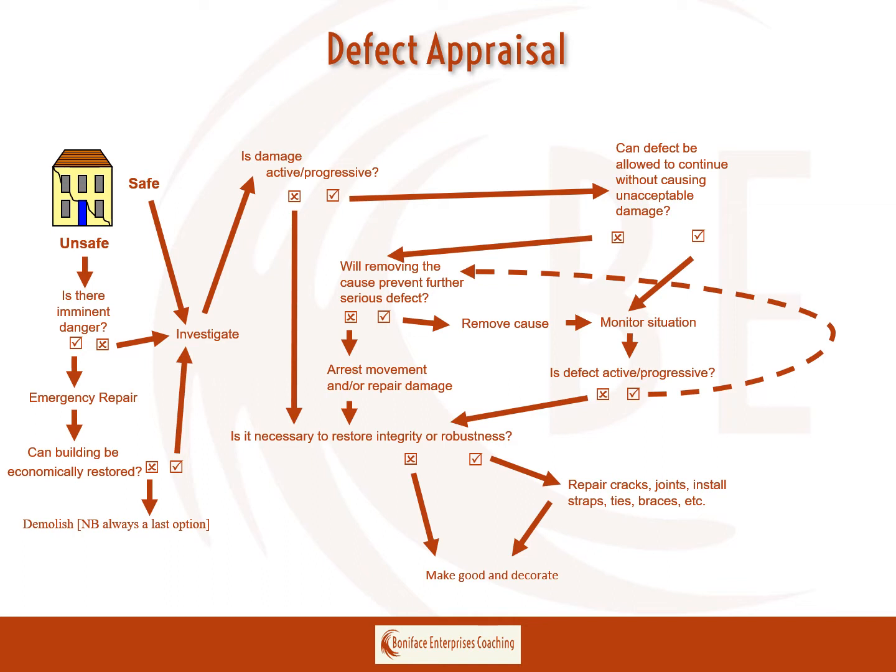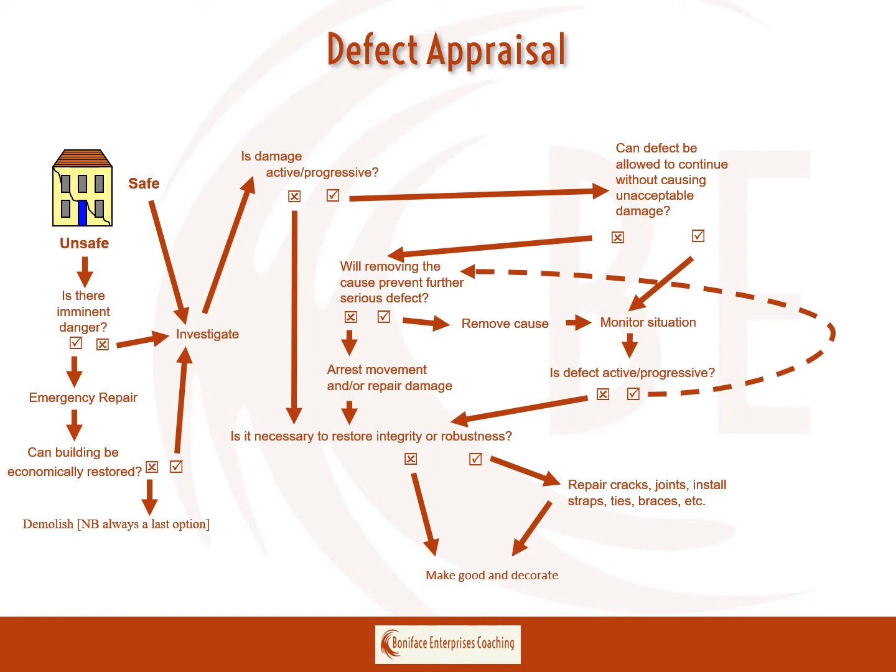And what this flowchart doesn't show is the need to record and document every stage through this process and to log it so that future owners will understand what has been done so that they can understand the building better. And of course, if a problem were to arise in future, then they have a better understanding of what has gone before.